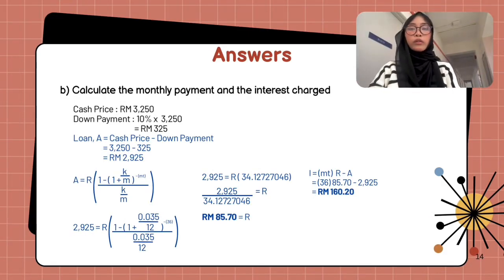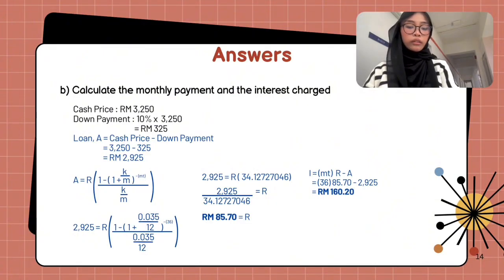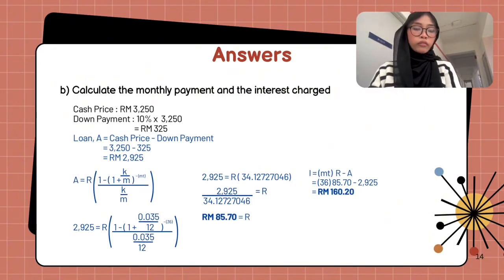So the loan that we calculated just now, 2,925, we insert it into A, and equal to R, open bracket 1 minus 1 plus 0.035 over 12, close the bracket, power of minus 36, close the bracket, and we can get R, which is 34.12727046, and we bring it to the side to find the total of R, which is RM 85 ringgit and 70 cents.